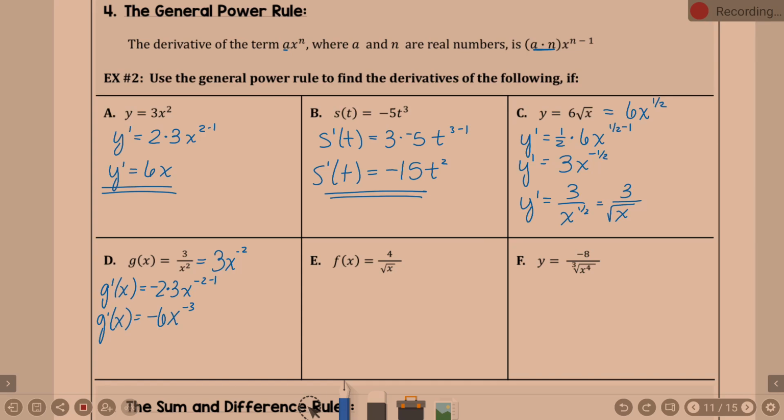So negative 6x to the negative third. If we express this in proper form, negative 6 over x to the third. Take the negative exponent to the denominator. The negative coefficient can be left up front.